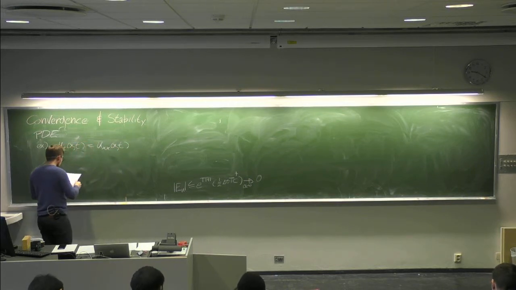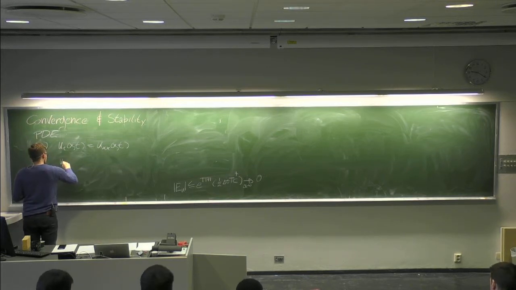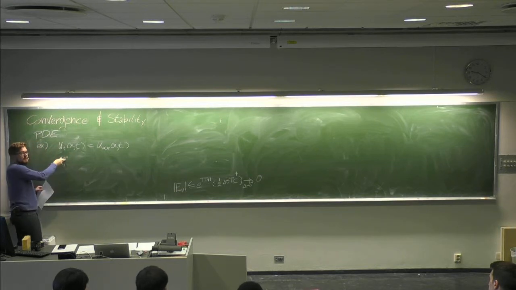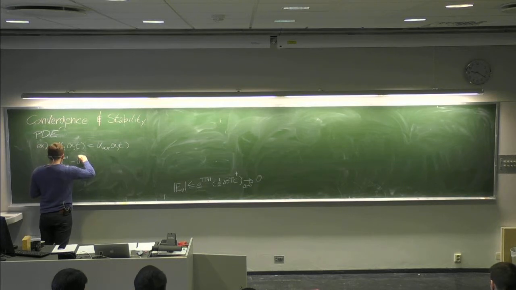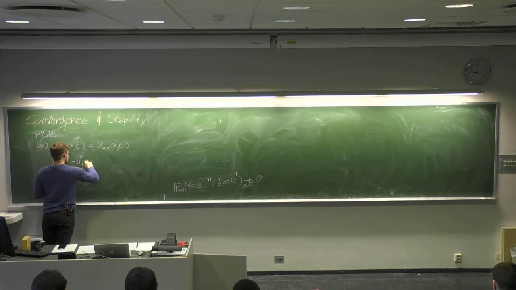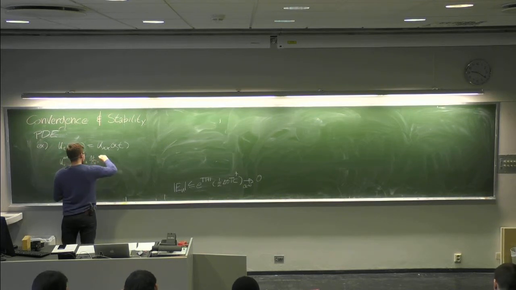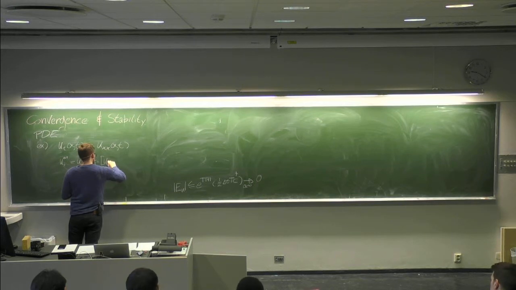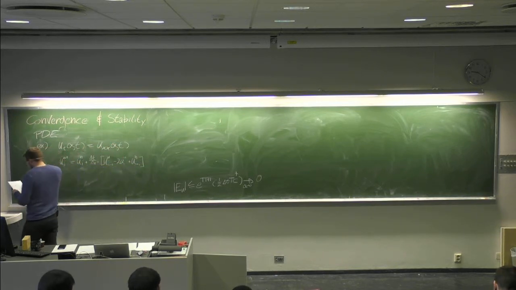u_t equals u_xx. If we use an explicit method, we will have that u_i^(n+1) equals u_i^n plus delta t over delta x squared times (u_(i-1)^n minus 2u_i^n plus u_(i+1)^n). Here n is time and i is position.